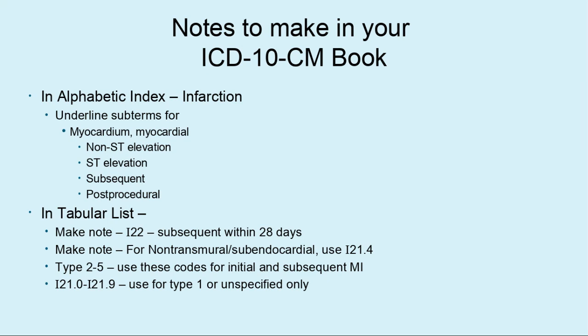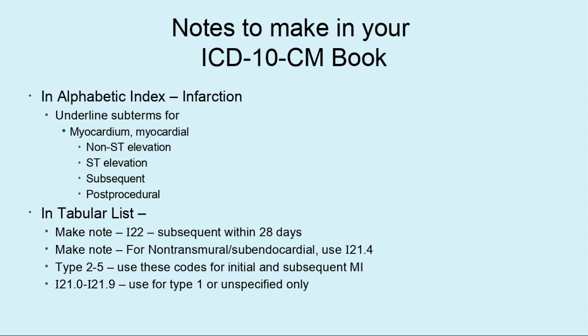So finally, notes to make in your book. Nobody can remember all of the guidelines, so it's really important to write things in your book. Go to the alphabetic index and look up infarction. This is almost a whole page, so if you can divide it up, that will make it easier. Note that under infarction are subterms for cerebral infarction, myocardial infarction, and other subterms.